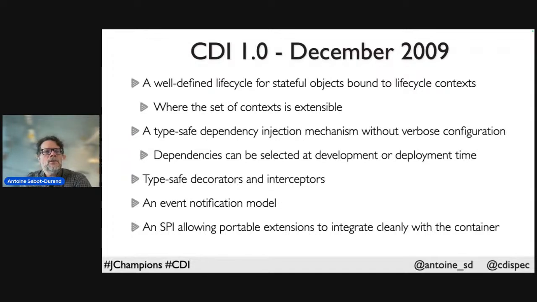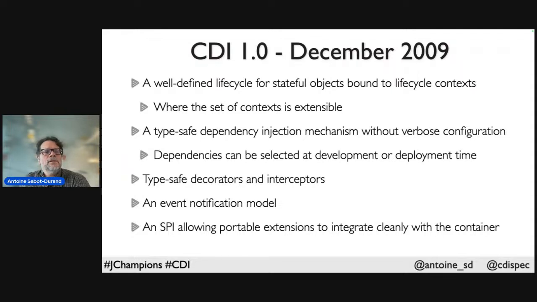It was the first big solution based on dependency injection in Java based only on type, so it was a type-safe solution, without any configuration except for some annotations, keywords, etc. The dependencies are mostly selected at the moment of deployment, but you can also dynamically choose your dependency at development time.